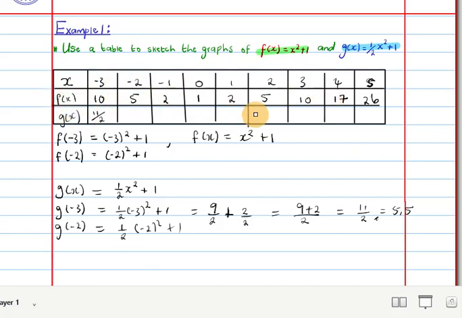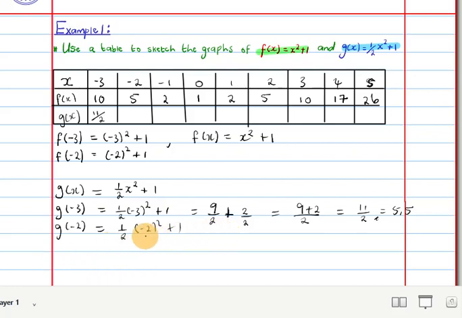You don't use this one as an input, but you use all these values of x. So g at minus 3, g at minus 2, g at minus 1, the very same thing that you did here when you wanted to find the output of this function using these values as input. Okay, let me go ahead.